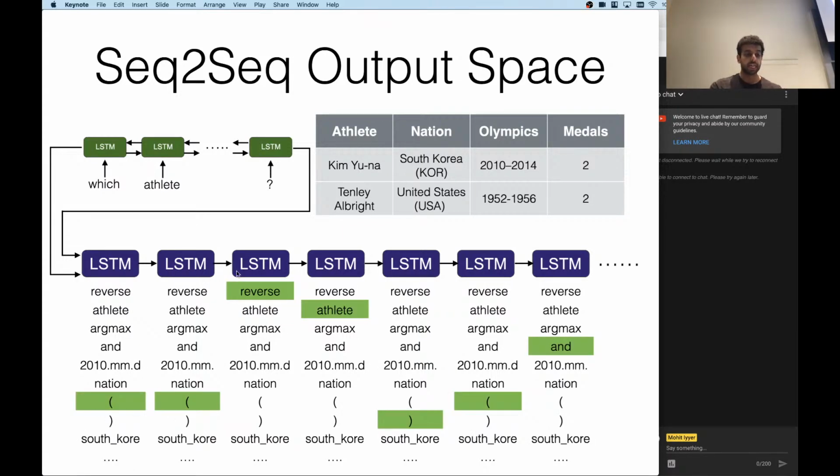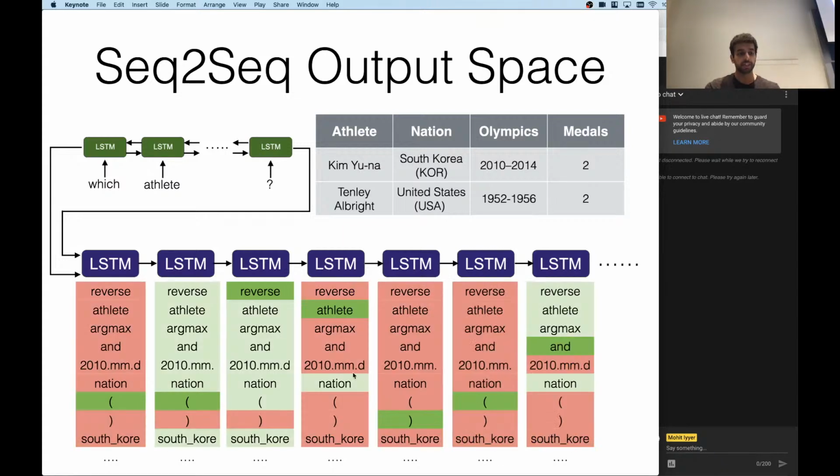So the green marked boxes here are the ground truth that you're trying to generate at every time step if you had full supervision. And the red marks things that are just not valid at all. So you should never be able to generate them. And remember, this is only a subset of the vocabulary. But in this particular meaning representation, every logical form begins with an open parenthesis.